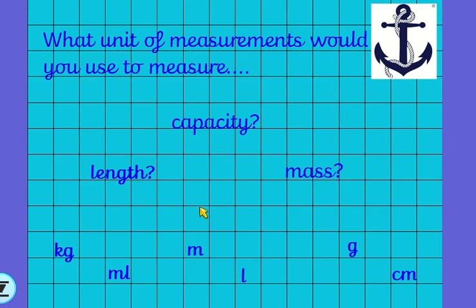Okay then, so now we've had a little think about that, have a look. Here are our abbreviated types of measurement we've used this week. What unit of measurement would you use to measure? And we've got length, we've got capacity, and we've got mass. I'll let you pause for a minute.